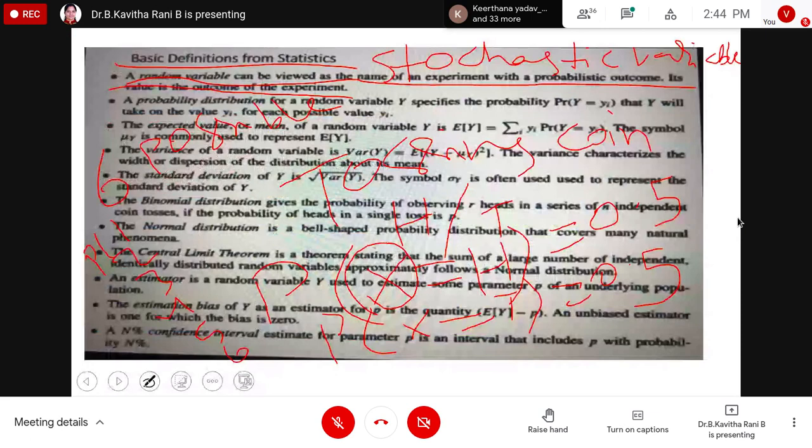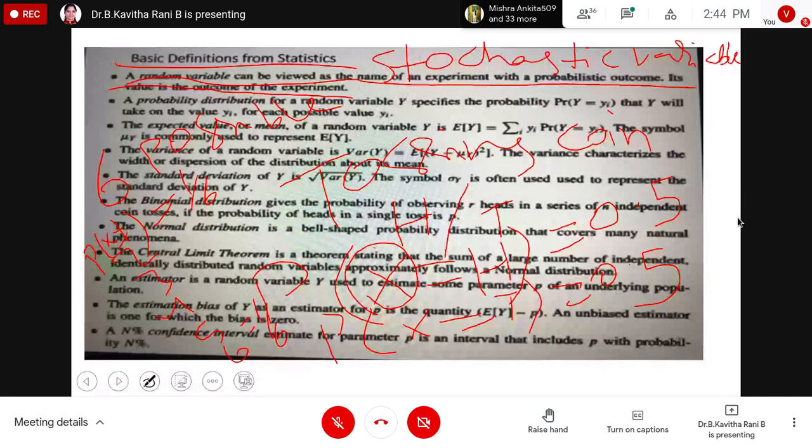Likewise, probability of getting x is equal to 6 is 1 by 6. So these are all random variables. We don't know the output. When we get the output, then only we can know. So at these places we will be using a random variable to predict the output by using probability.